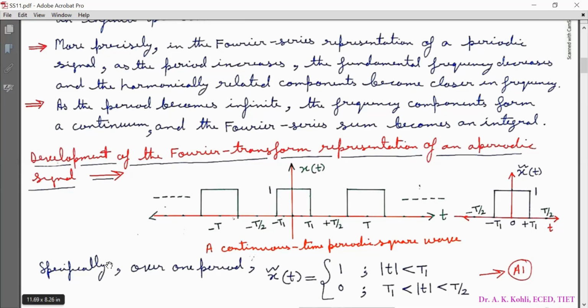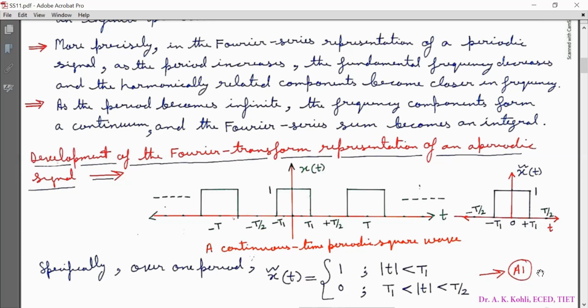Now specifically over one period, we define x̃(t) equal to 1 for magnitude of t less than T1, and x̃(t) equal to 0 for magnitude of t lying in the range T1 to T/2.